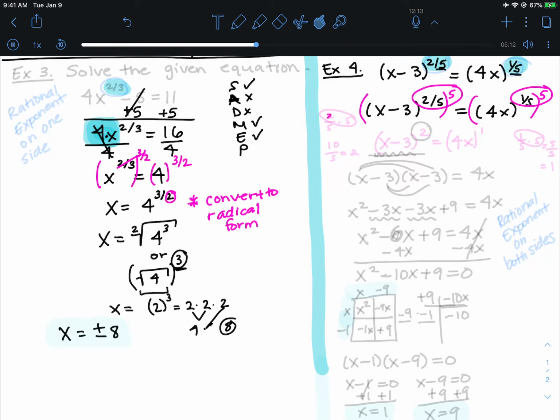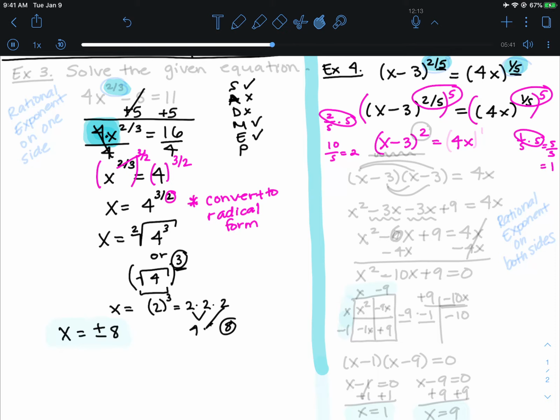So 2 over 5 times 5, you just multiply times the numerator. 2 times 5 is 10, divided by 5 is going to be 2. So that means that here we're going to end up with x minus 3 to the power of 2. And over here, you're going to end up with 1 over 5 times 5. Multiply that times the numerator, it's just 5 divided by 5, which is literally just 1.